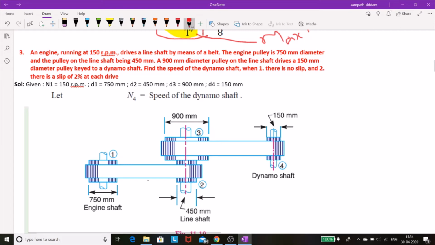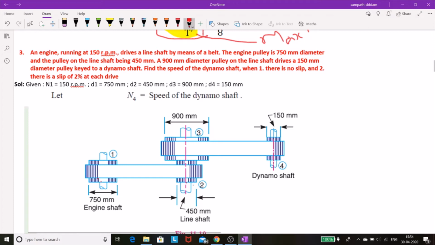To transfer the power, a flat belt is being used, because it is a horizontal one. The engine pulley is 750 mm diameter and the pulley on the line shaft is 450 mm. So on this engine there is a pulley to transfer your power.